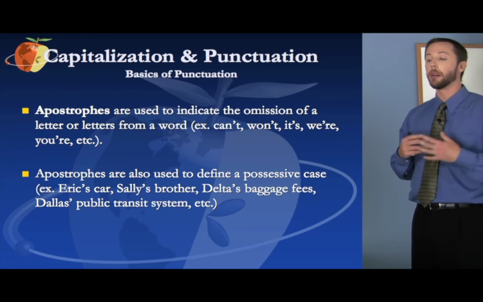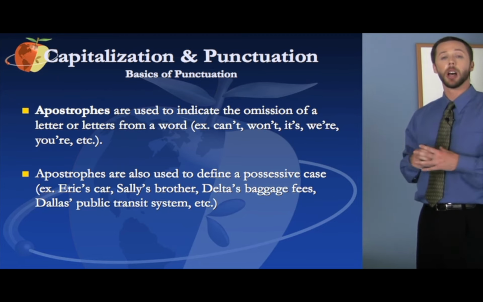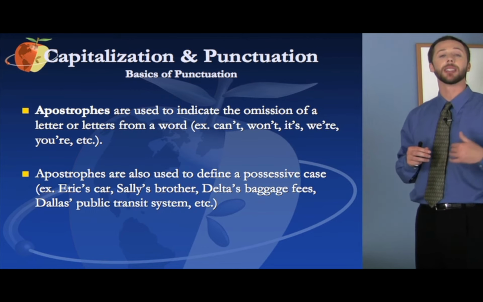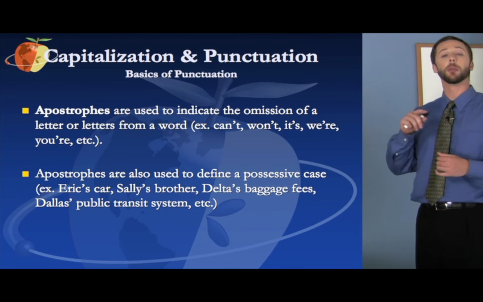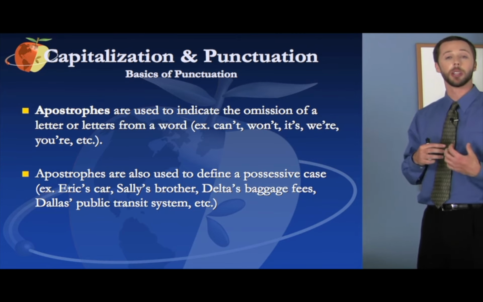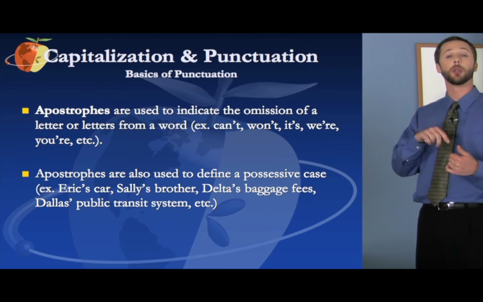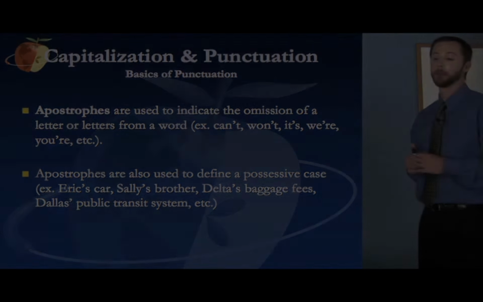Another case where an apostrophe can follow an S is if you have a group of people. For example, students. If you want to say something belonged to the students, it's the students' school, it would be S apostrophe because it belongs to all of those students. But if you were going to say it belonged to one student, then it would be student apostrophe S.